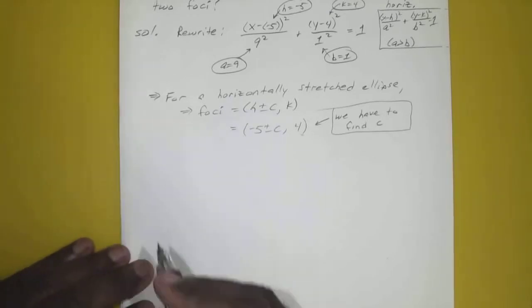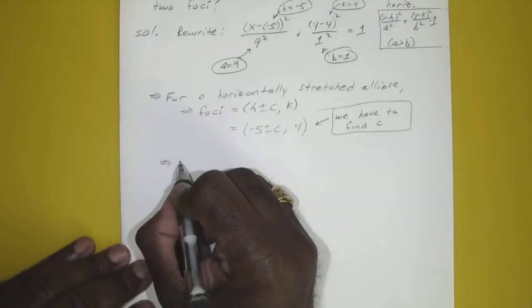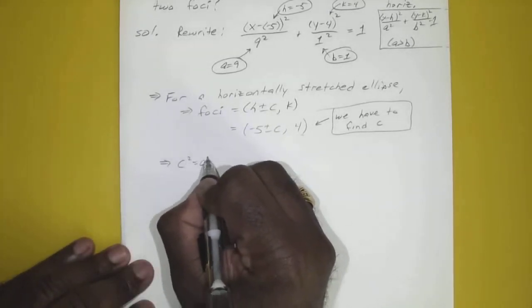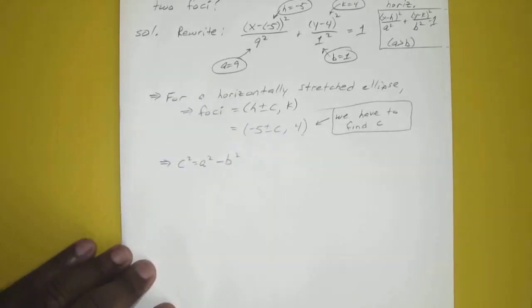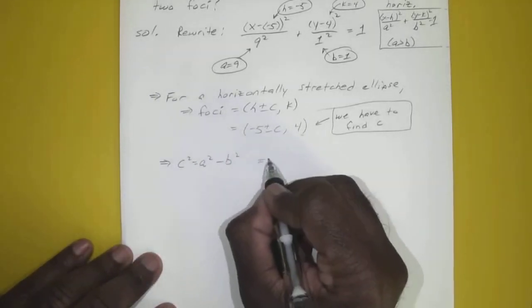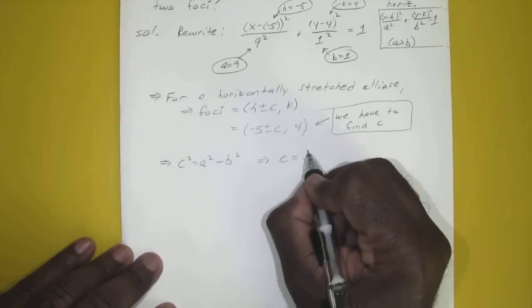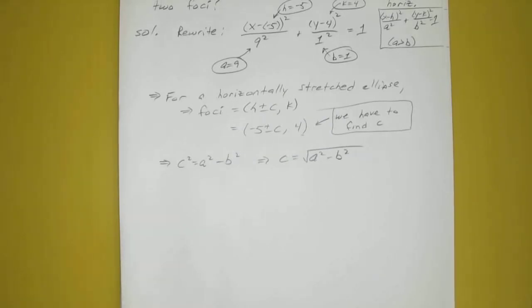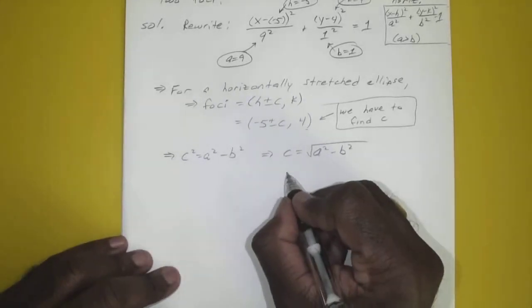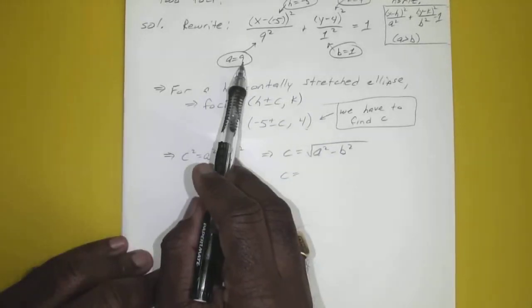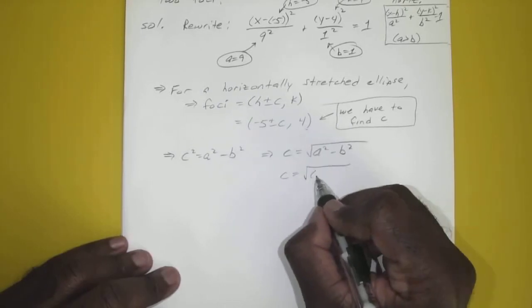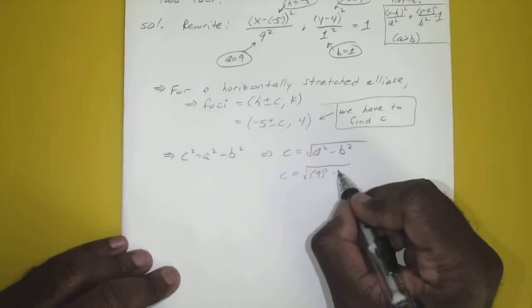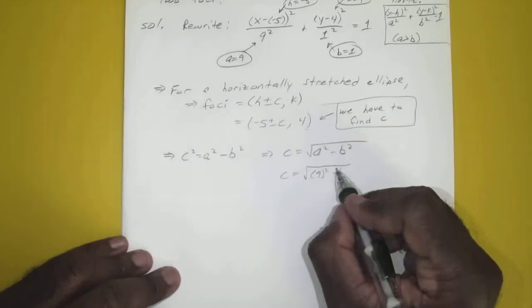Move that up a little bit. Okay. So we know that c squared is a squared minus b squared. Or if you wanted to, you can just write it as c equals square root of a squared minus b squared. You don't have to worry about the plus or minus since you're not going to have a negative c value. Okay, so that's going to equal the square root of 9 squared minus 1 squared.